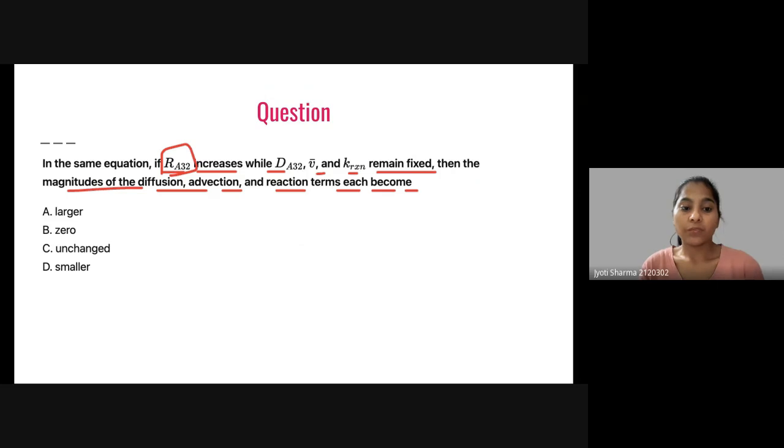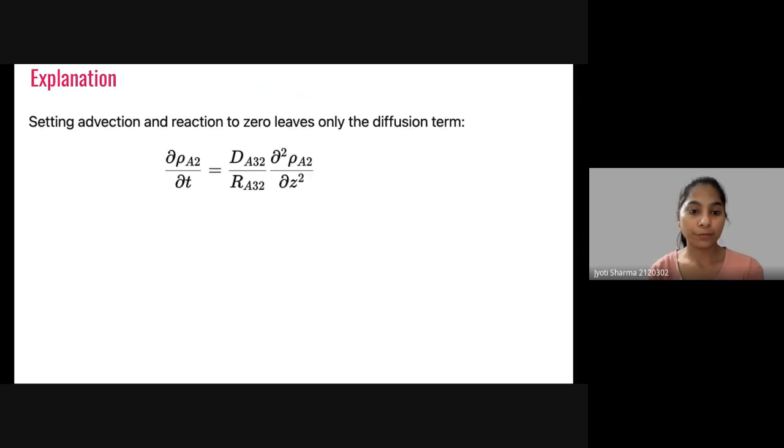The magnitude of the diffusion, advection, reaction term will become. So this is RA32. Let me show you. This is your RA32.